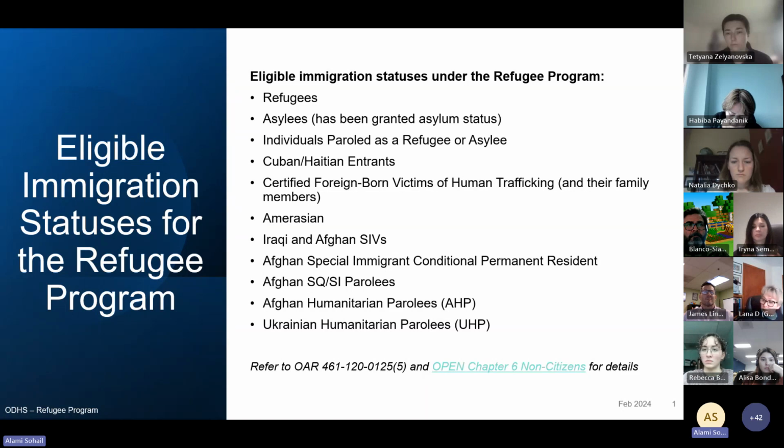Chapter 6 in that tells you which immigration statuses are eligible for which program benefits: refugee cash, TANF, SNAP. So if somebody comes into your organization and says, well, I don't know if I'm eligible to apply for these benefits, and you look at their status and you think that they're eligible, that's a good reference tool to look at as well.